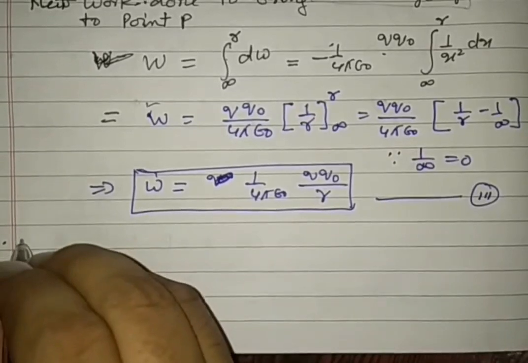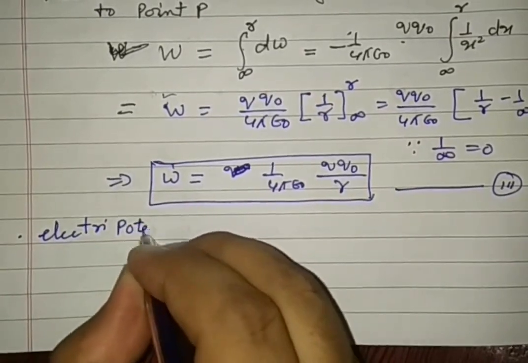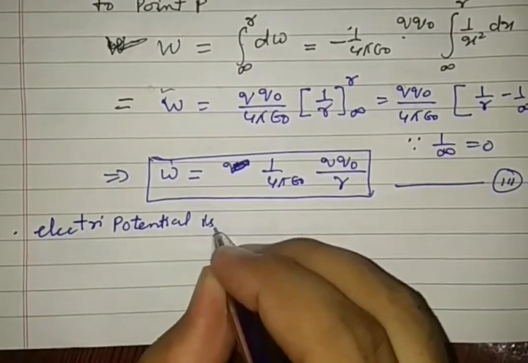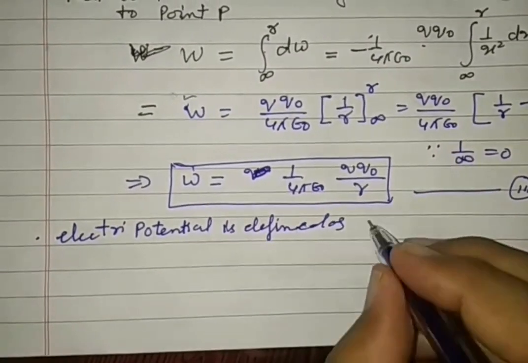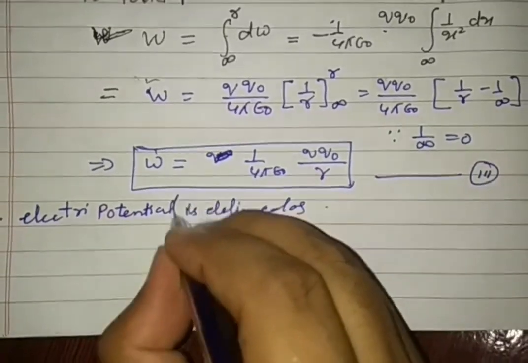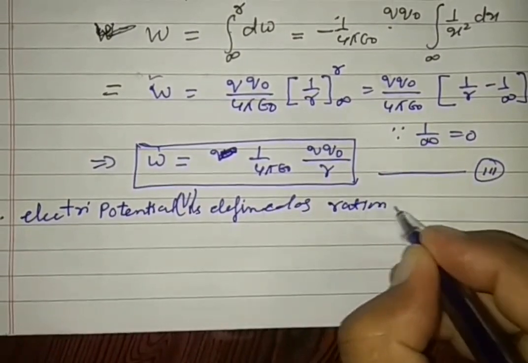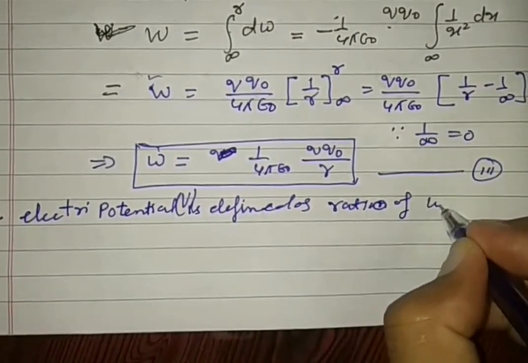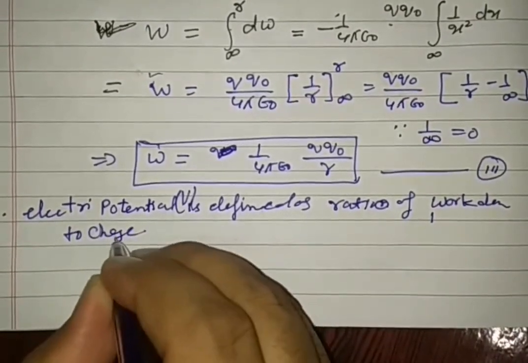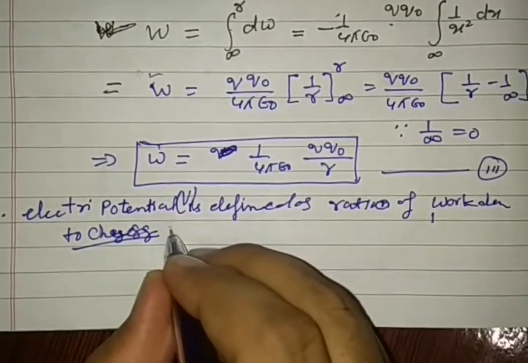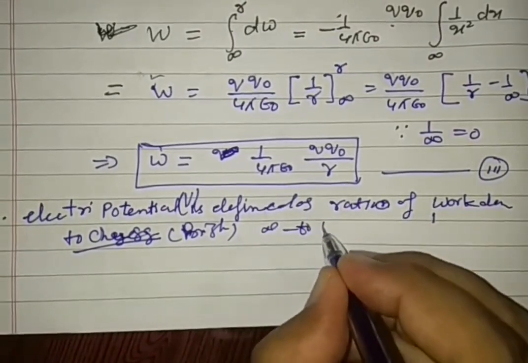Electric potential, represented by capital V, is defined as the ratio of the work done to bring a charge from infinity to the point.